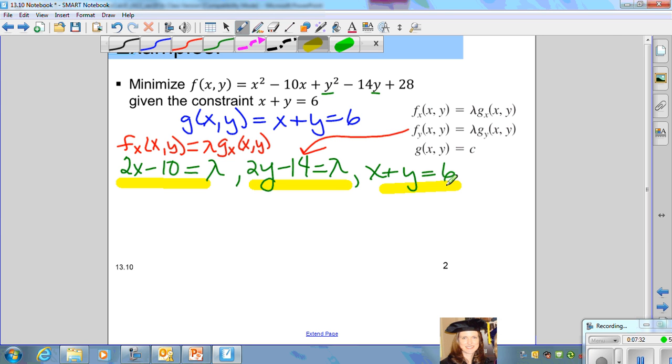Okay, one way of doing this is to solve for x in the first equation, solve for y in the second equation, and then substitute both of those into the third equation. When you solve for x, you add 10 to both sides, you get 2x equals lambda plus 10, and then when you divide by 2, you get x is equal to lambda plus 10 all divided by 2, or lambda divided by 2 plus 10 divided by 2, which is 5.